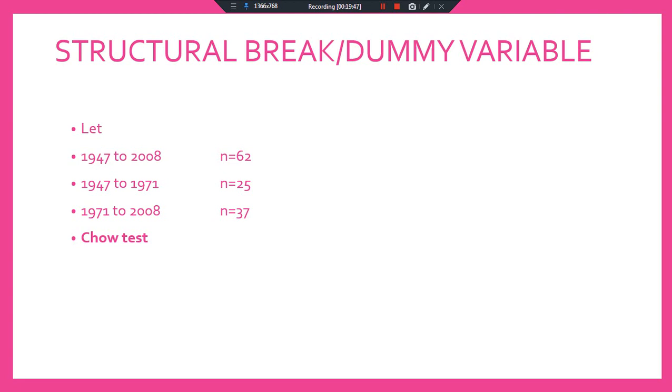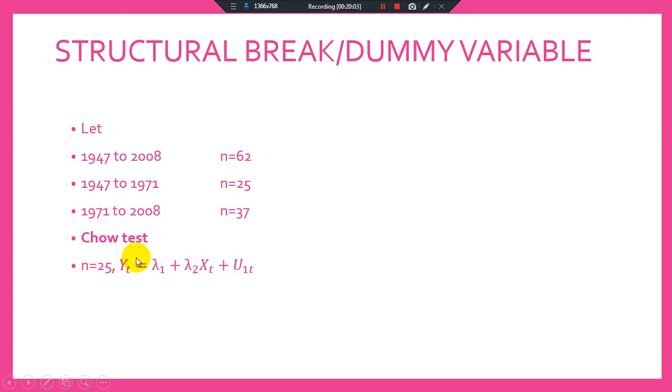Now we use the Chow test for testing the structural break in our data, and then we use the dummy variable for finding the structural break in our data. The Chow test is that we have two regression lines here.